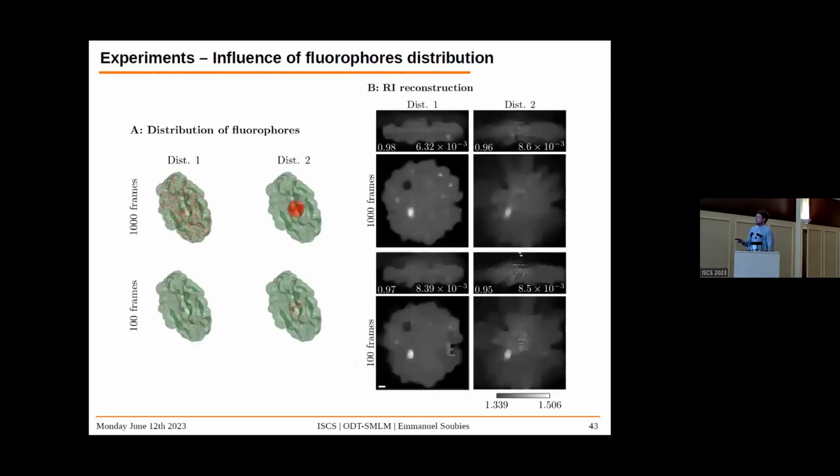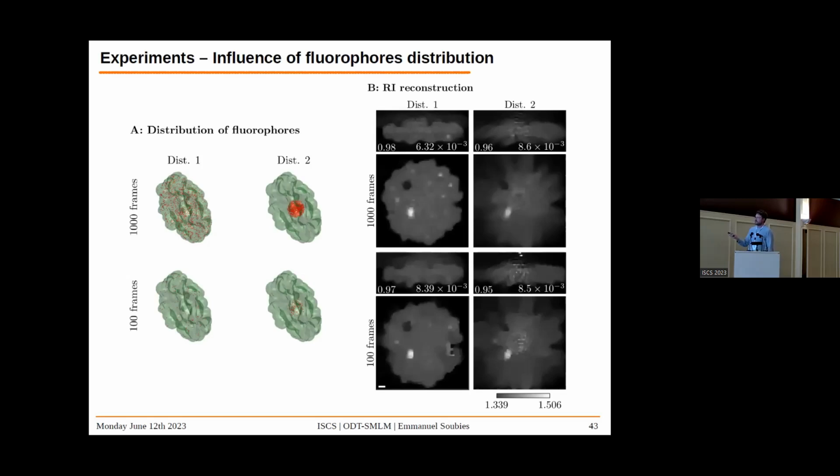We also wanted to test the effect of the fluorophore distribution. Here we put all the fluorescent molecules within a region that, for example, can be the nucleus. And we clearly see, as expected, that we don't reconstruct as well as in the more uniform case.